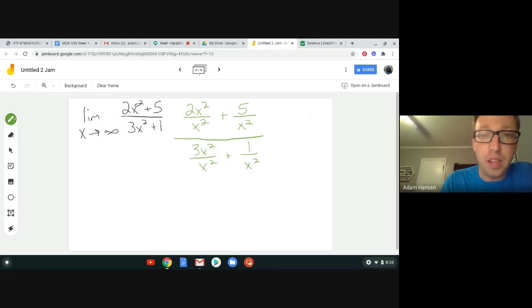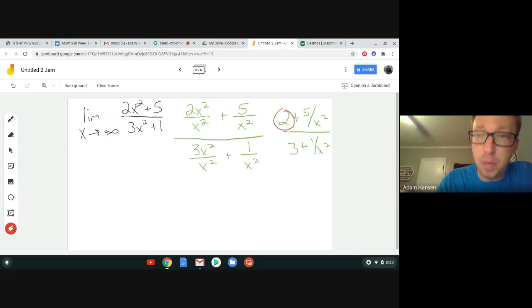When I simplify each of these, we'll get 2 plus 5 over x squared divided by 3 plus 1 over x squared. When I take the limit term by term, 2 plus 0 divided by 3 plus 0. Any constant remains constant.